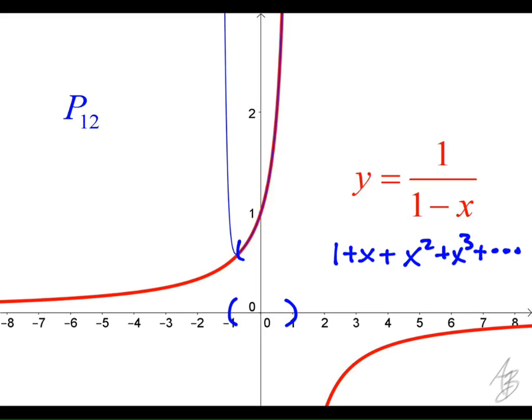And since this is a geometric series, x is the common ratio. The common ratio has to be less than 1 in absolute value for it to converge. So if we wanted to approximate this function somewhere outside of that interval, we would have to center it somewhere else. We couldn't center it at 0 because we're not going to be able to get an approximation outside of our interval from -1 to 1.